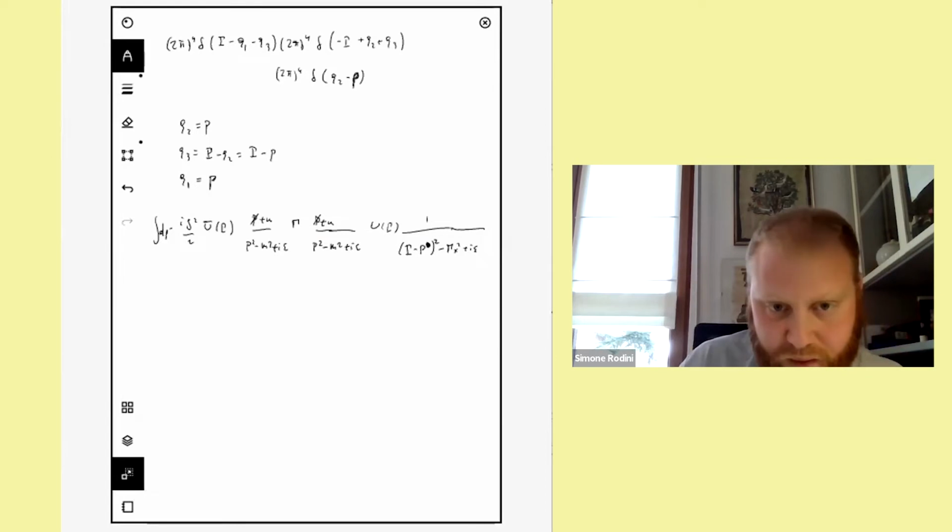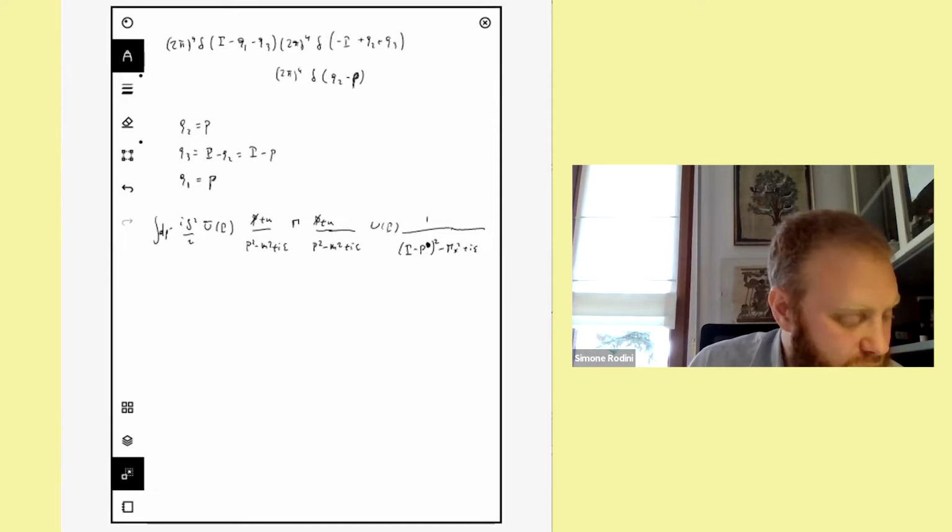So you see that I did nothing else than replacing the small q's with their corresponding counterparts.